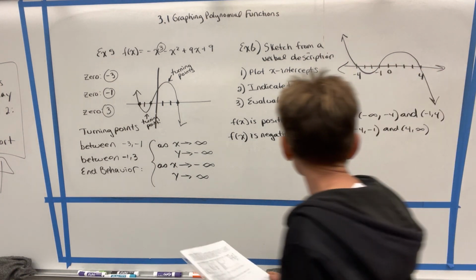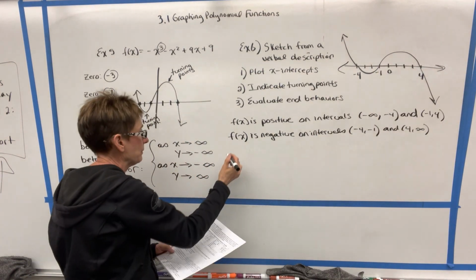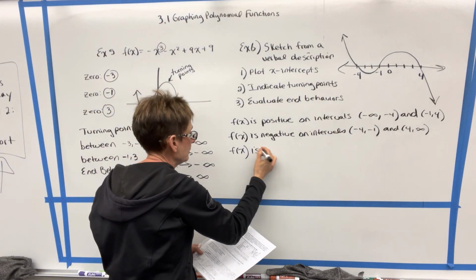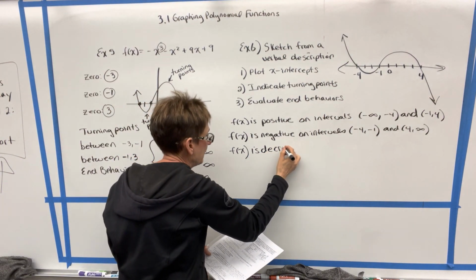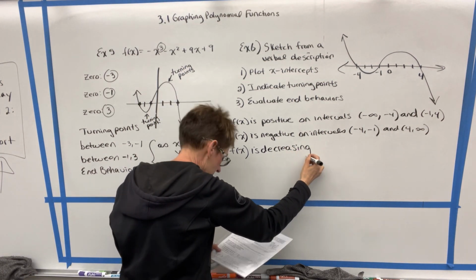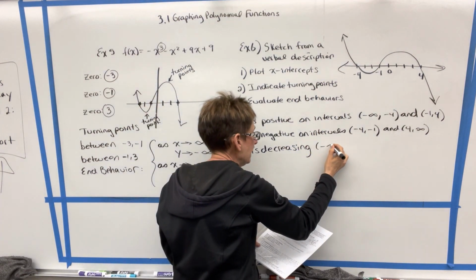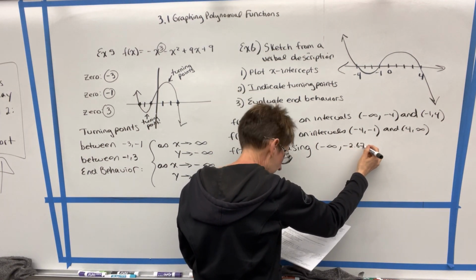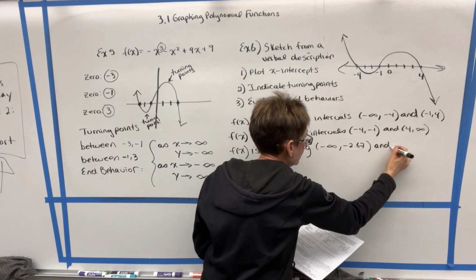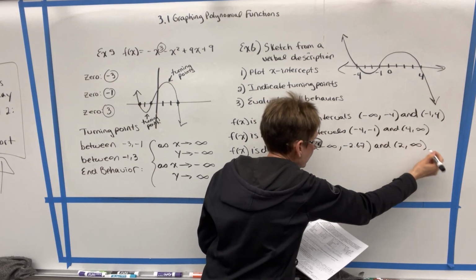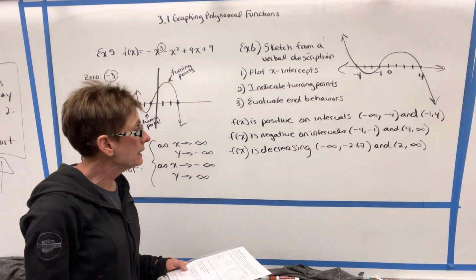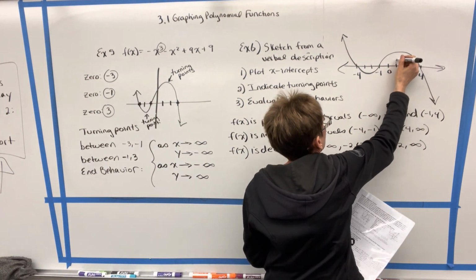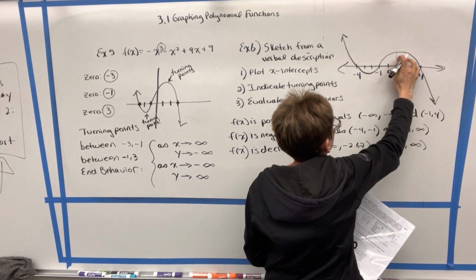Now, in this particular case, we're also given a little bit more information. We're given that f of x is decreasing, that means going downhill, from negative infinity to -2.67 and from 2 to infinity. So I can fine tune my graph a little bit. It's telling me here that at 2, oops, that's not 2, that's 1.